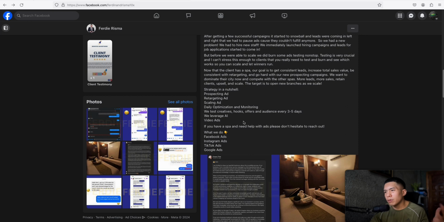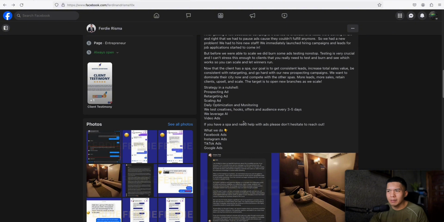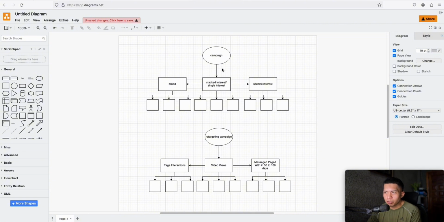We also leverage video ads, photo ads, GIF ads, also reels. We test a bunch of those, and we let Facebook optimize for each placement. We basically use automatic placement. So this is how I structure the campaign.